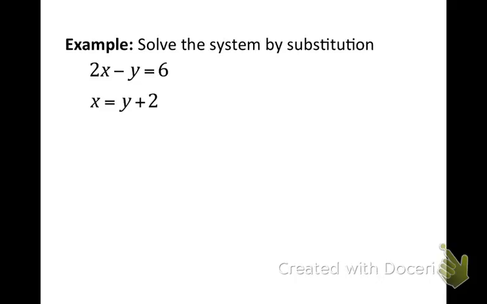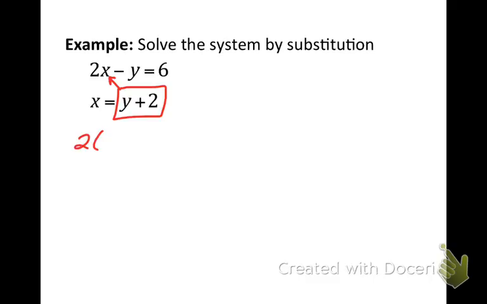Yes, in line 2, my x's. So what I like to do is put a box around the expression that my isolated variable is equal to. And then I put a little arrow pointing to the variable that I'm going to substitute it in place of. So in place of x in the first line, we're going to substitute in y plus 2.